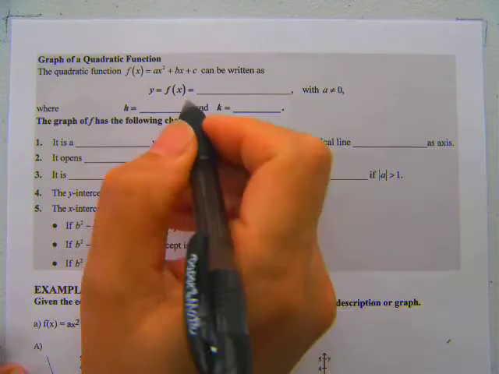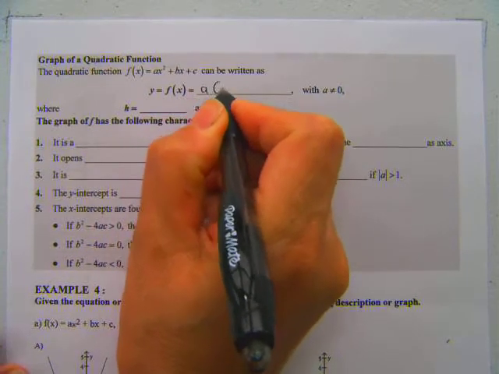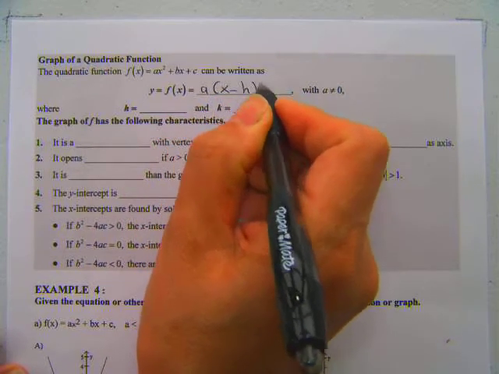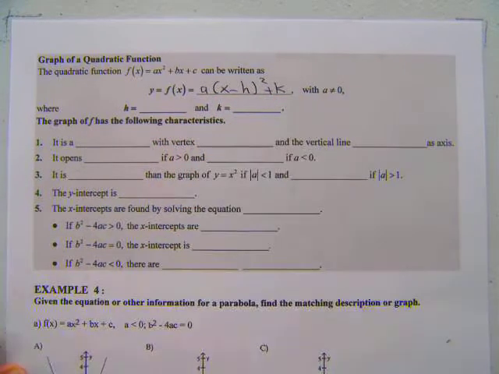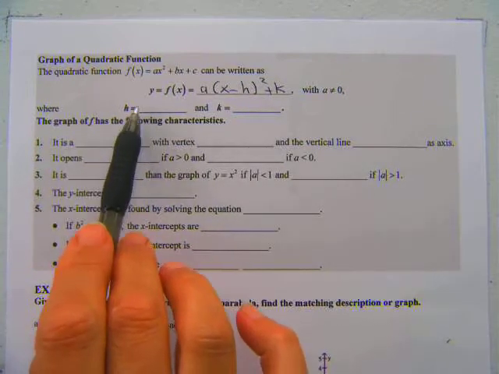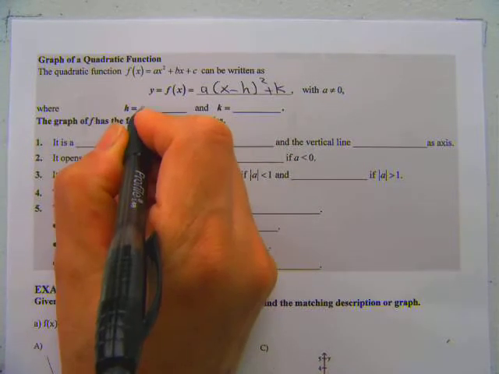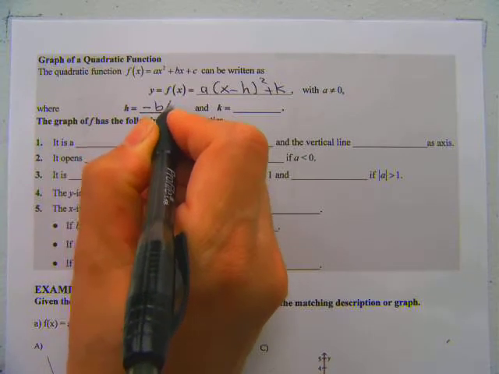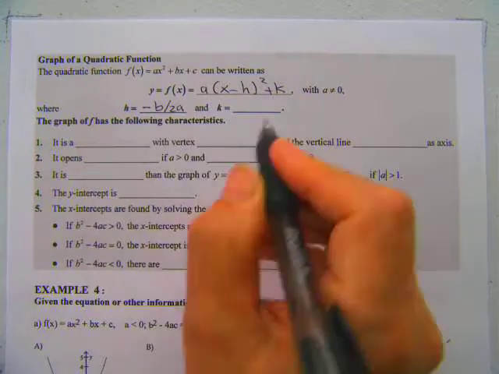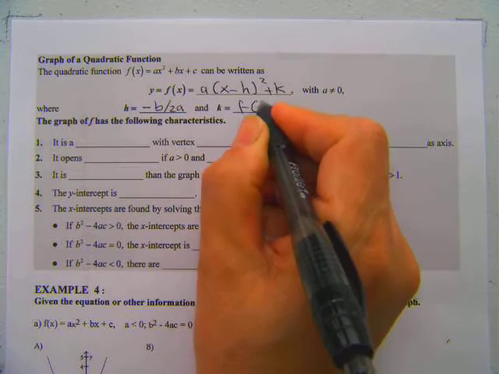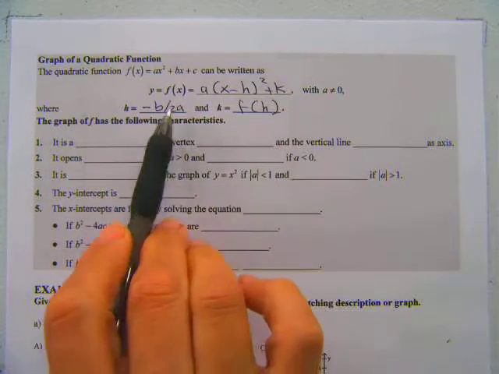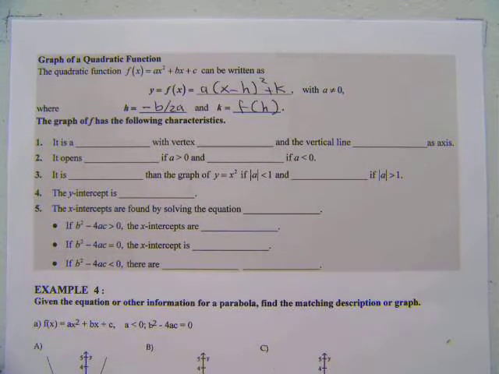If you remember, it's going to be of the form a times (x minus h) squared plus k, of course with a not equal to 0, where h, remember, is the x coordinate of your vertex. This is negative b over 2a, and k equals the value of the function at that point, and this will be the x and y of your vertex.